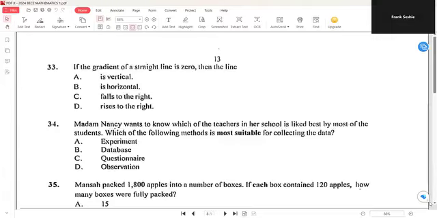If the gradient of a straight line is 0, then the line is... so you should know. In my earlier submission, in one of the questions, I mentioned that if the line is slanted upwards towards the right, the gradient is positive.